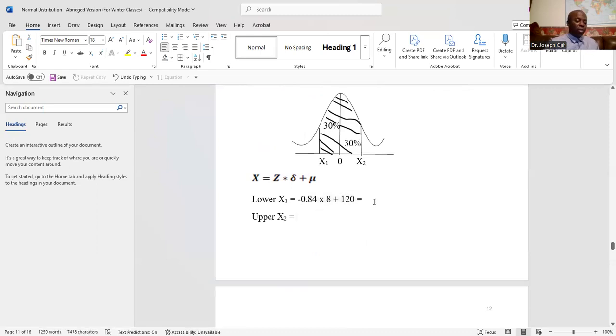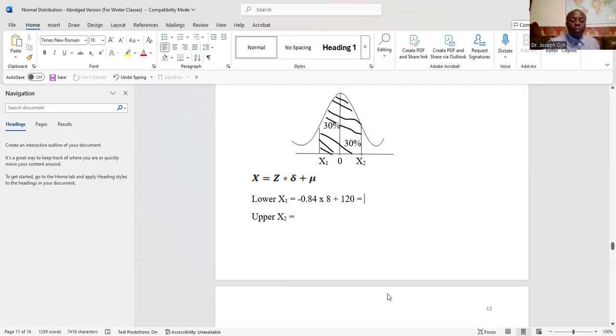Let's put this on the calculator: negative 0.84 times 8 plus 120.